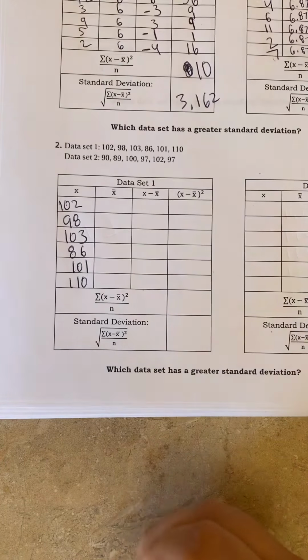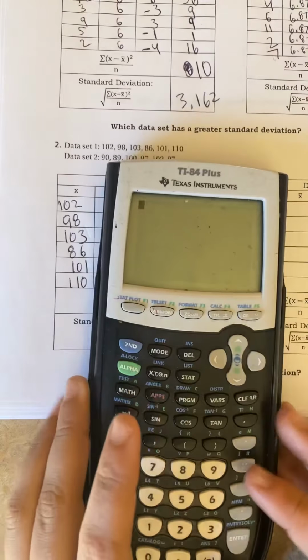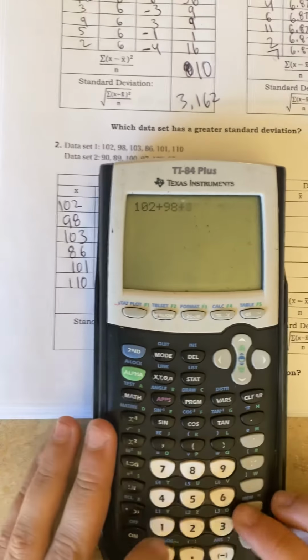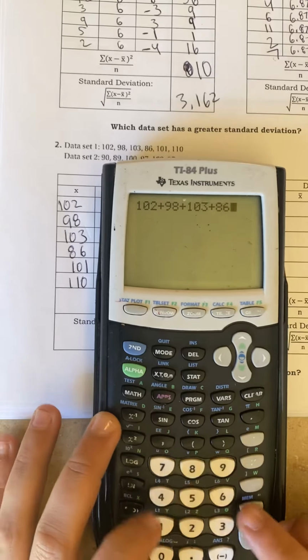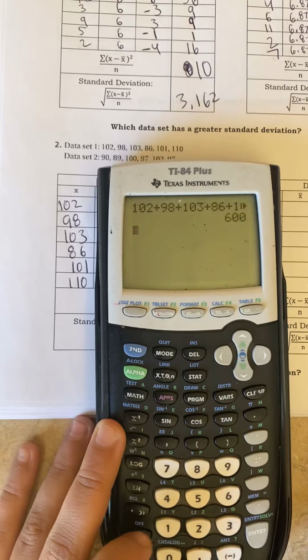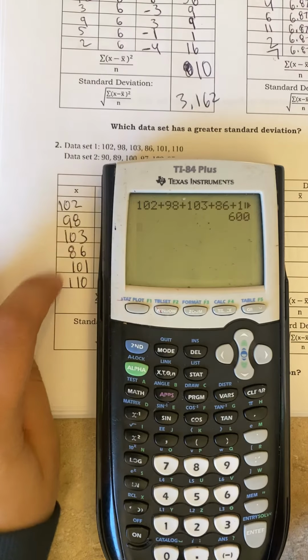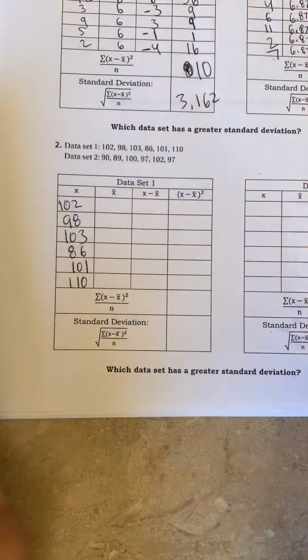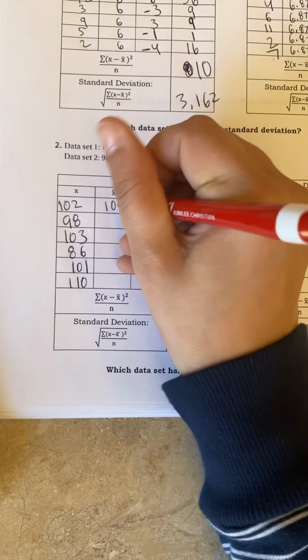Okay, so we're going to add all those up and find the mean. So we got 102 plus 98 plus 103 plus 86 plus 101 plus 110. And then we'll divide. We have 1, 2, 3, 4, 5, 6 terms. So we're going to divide by 6. So that means my mean is 100.